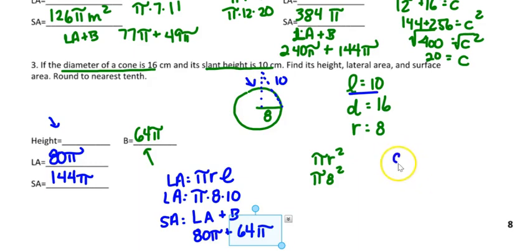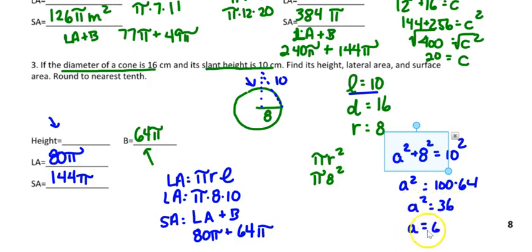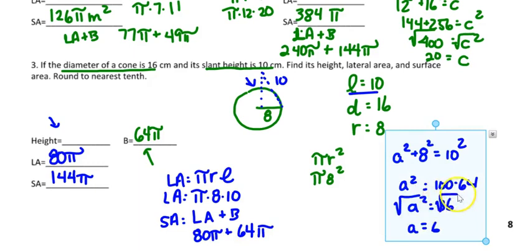We have one of the legs, and we do have the hypotenuse. So that'll be a squared equals 100 minus 64. A squared equals 36. A equals 6 once you square root both sides. So our height is 6 centimeters.